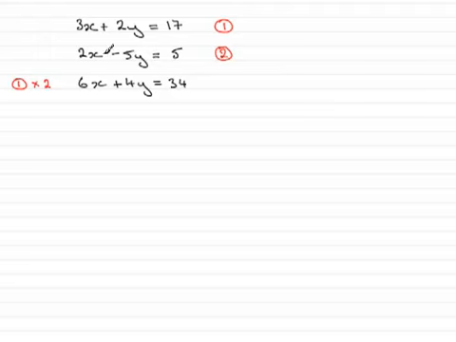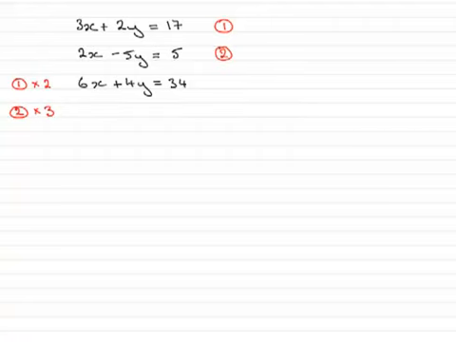Now I look at the second equation and I want to bring this 2x up to a 6x as well. I can do that by multiplying both sides of this equation by 3. Again, tell the reader what we're doing: we're taking equation 2 and multiplying both sides by 3.